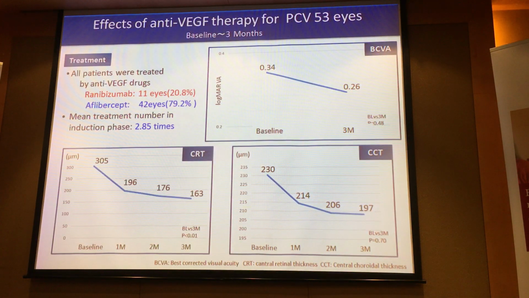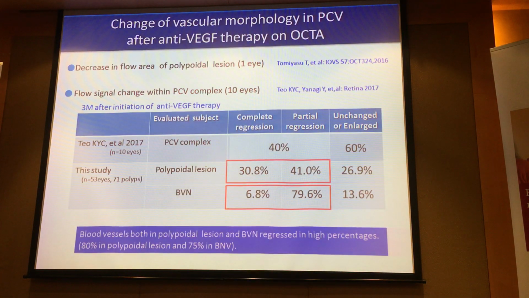And we did a comparison of the regression rate by types of the blood vessel in PCV. I missed a slide in this version, so I cannot show that image, but between the loop type polyps and the microvascular type, there's no difference in the regression rate.